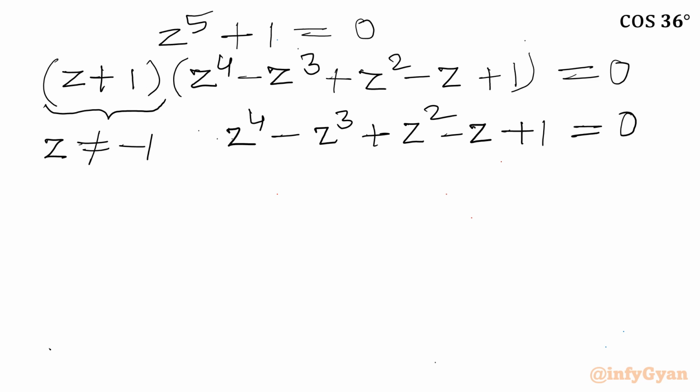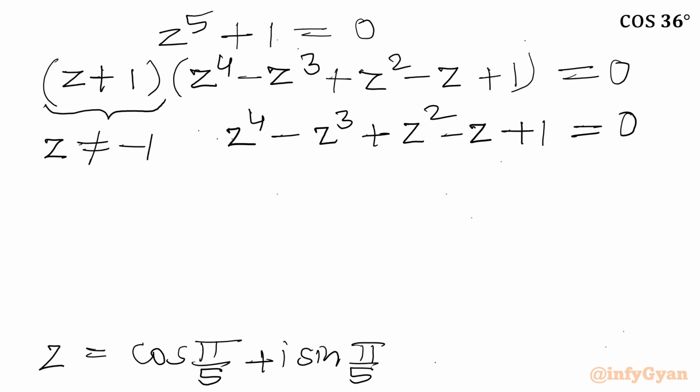Now z was cos pi by 5 plus i sin pi over 5. So this value z cannot be 0 also. So I can divide our equation on both sides by z square.